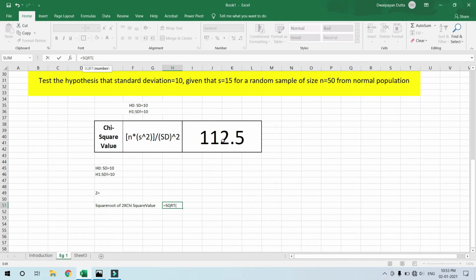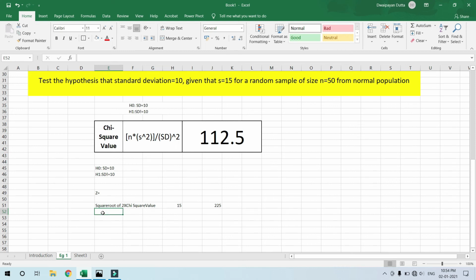This is 2 into this one. It will be 225. 2 into 112.5. I'm sorry, I have to place an equals sign here. 225. So square root of 225 is 15.